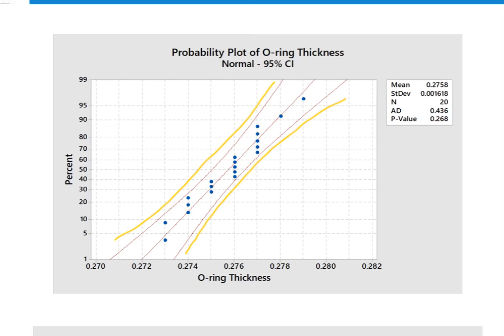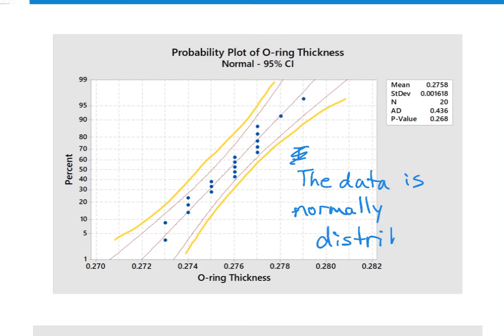And instead of saying the data is normal, it is, yes, better to say the data is normally distributed. Okay, but this is statistics, so we're always noting that we don't know everything. So we say it's approximately normally distributed.